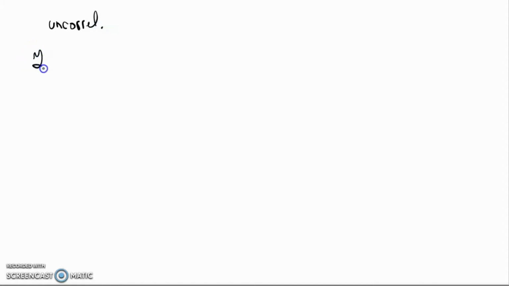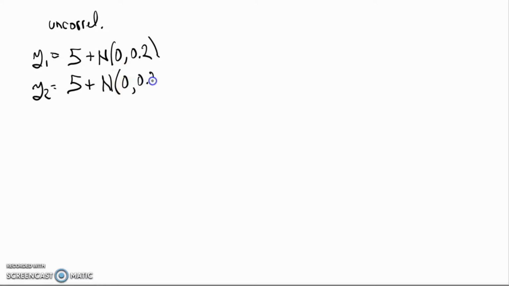I'm going to start off by, first value is going to be y1, and that's going to be equal to starting off with an expected value of 5 and adding to it a little residual taken from a normal distribution with mean 0 and standard deviation 0.2. And then y2 is also going to start off with the expected value and add a similar residual, and y3 is going to be exactly the same.